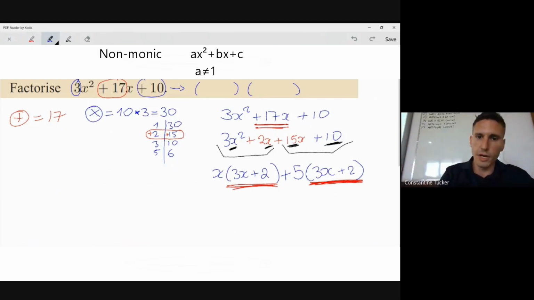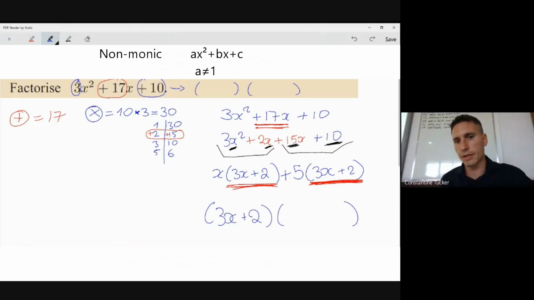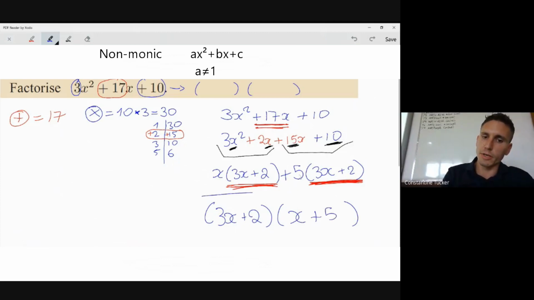So we can write 3x plus 2 in 1 pair of brackets, and then open another pair of brackets and just write down the leftovers in there. So whatever is not underlined, so whatever is not 3x plus 2. In this case, that would be the x plus 5. So we'll just go ahead and copy x plus 5 inside the brackets, and that is pretty much the idea.